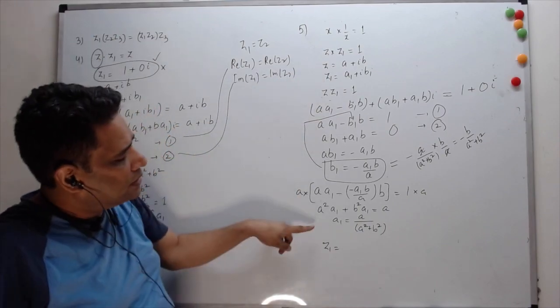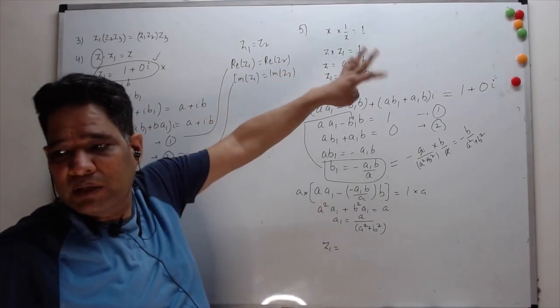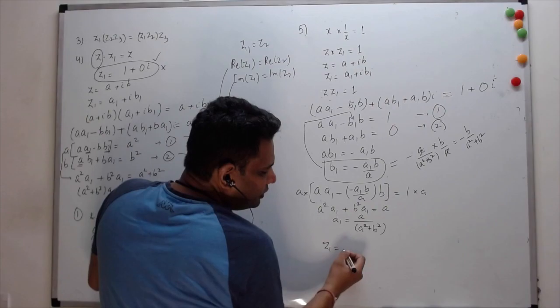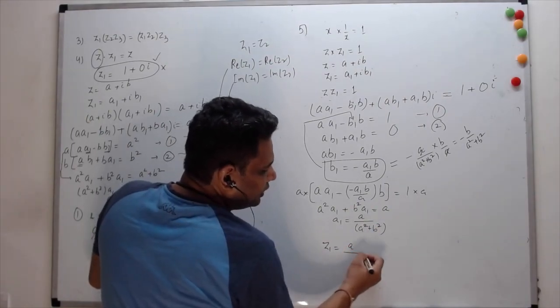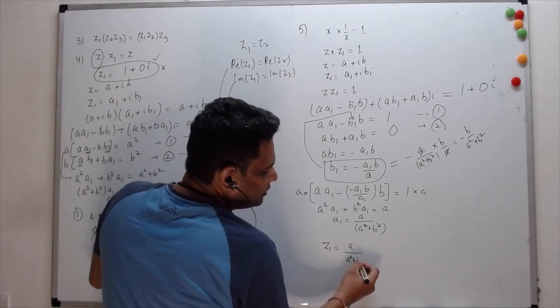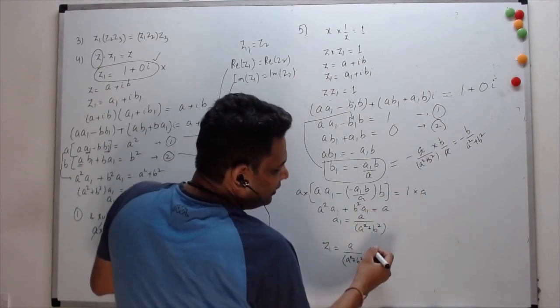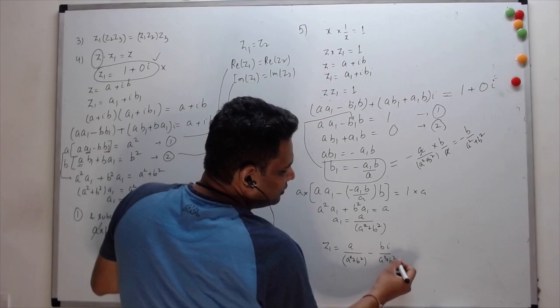So with this, I am able to get the value of z1 in terms of a and b, which is what I would be given. So that becomes a1, which is a over a square plus b square, and negative bi over a square plus b square.